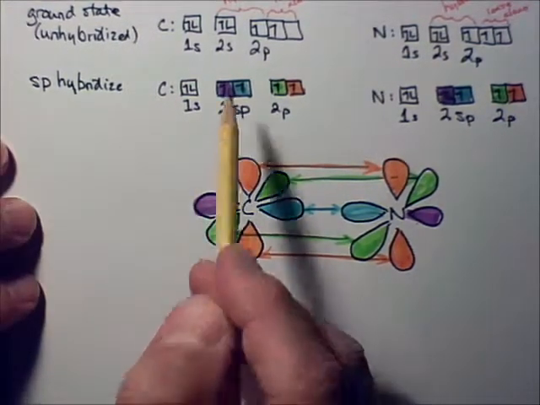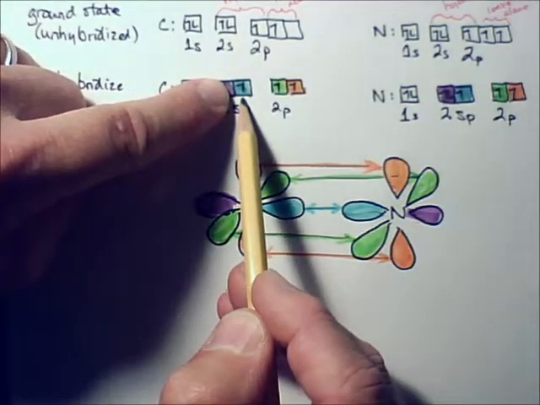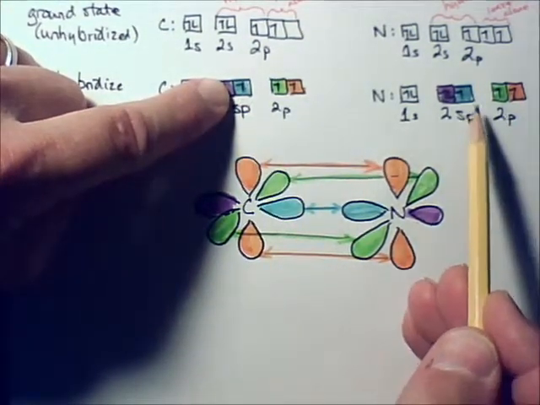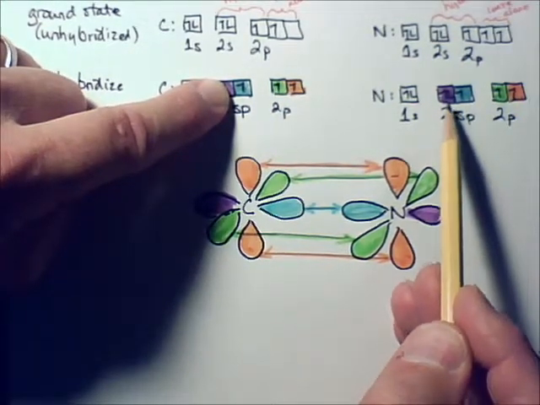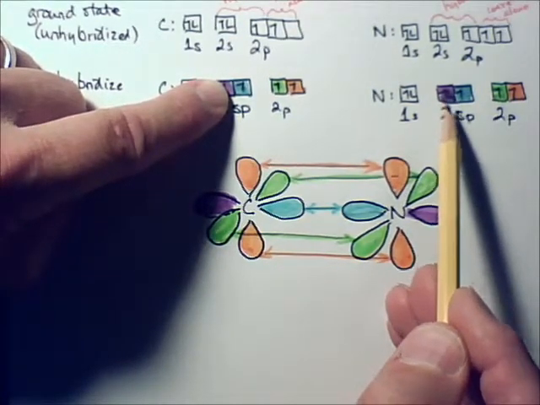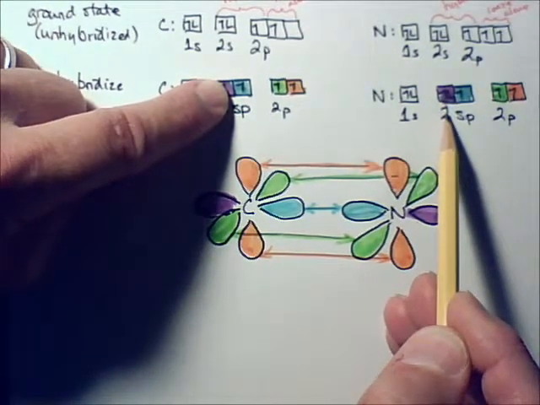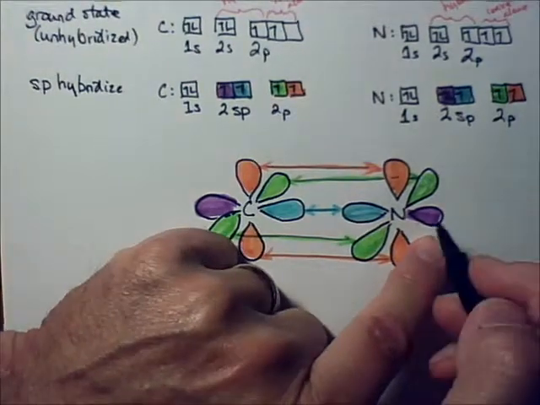Now then, the carbon has one hybridized orbital that can overlap with this one because they both want to have two electrons in the orbital. But this nitrogen here has nothing to share. This orbital here is full. This hybridized orbital is full. So we're not going to do anything over here with this hybridized orbital of nitrogen.